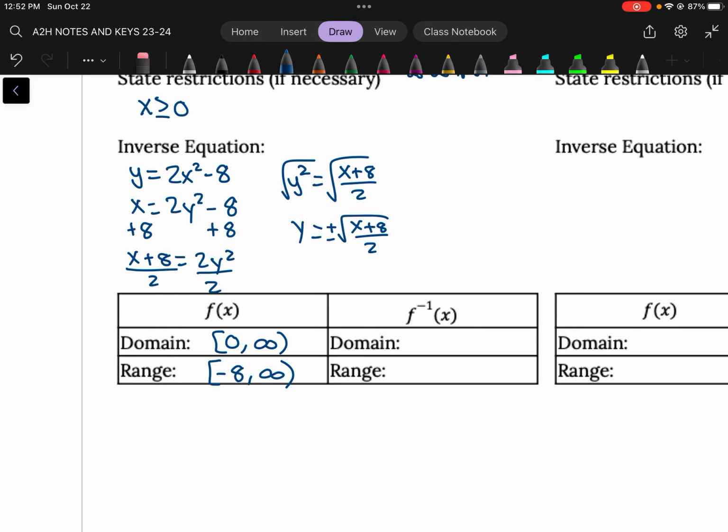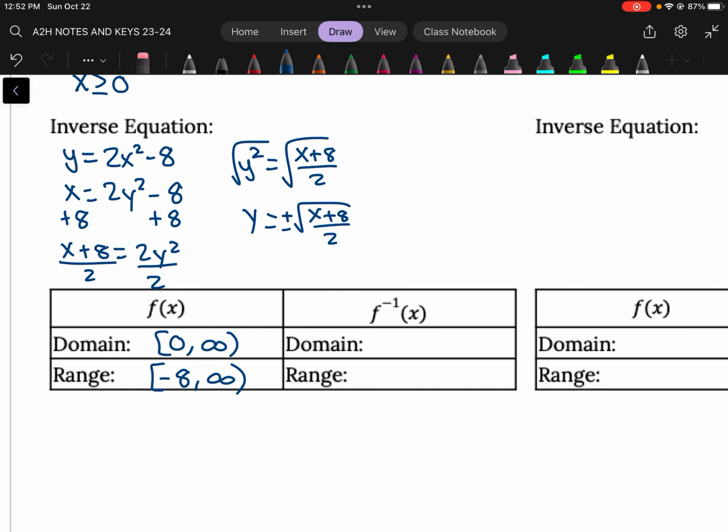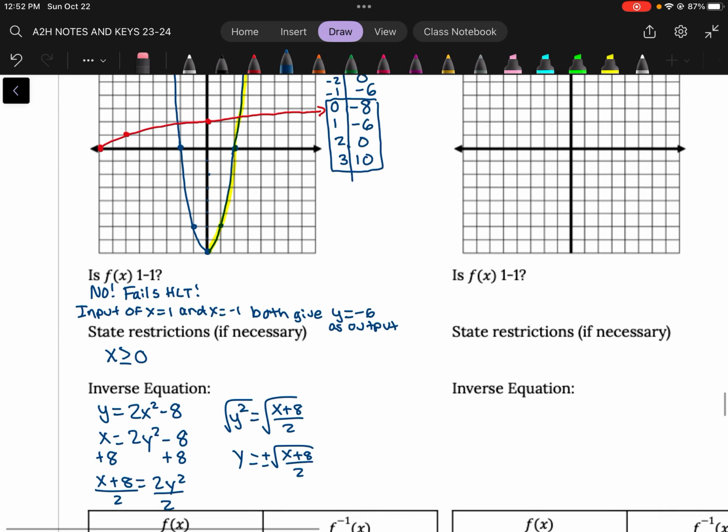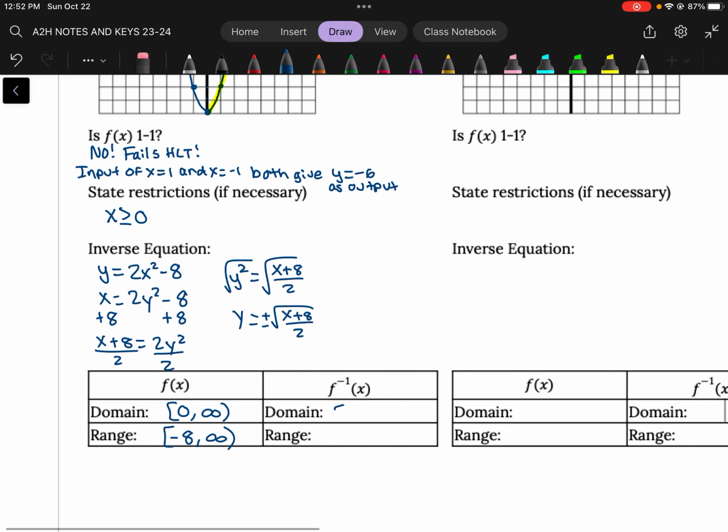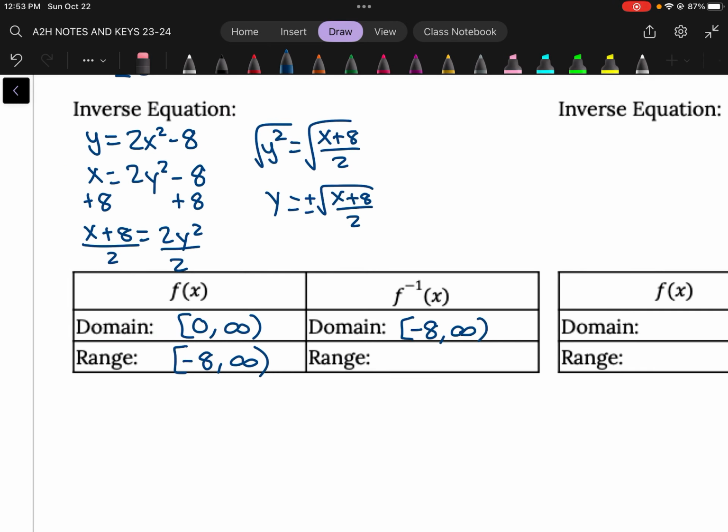Okay, so now I have to ask myself, if I'm only plugging in positive values, and I want them to be greater than, so I'm only plugging in positive values in the original. That must mean I'm only getting positive values out in the inverse, right?